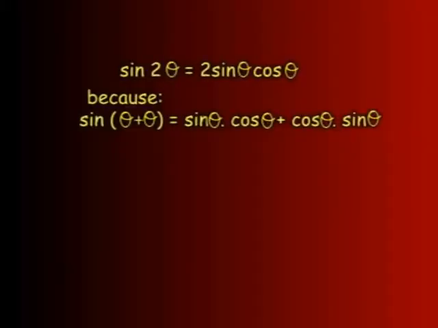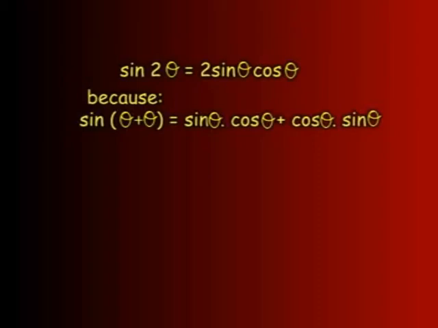We are now going to look at double angles. Double angles are derived using the compound angle formula. The first double angle we are going to look at is sine 2 theta. Sine 2 theta is equal to 2 sine theta cos theta.